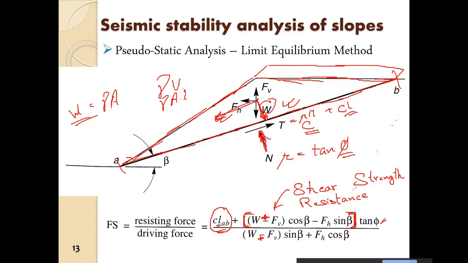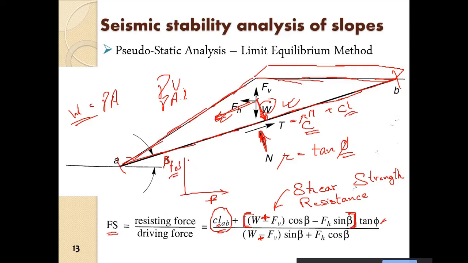So we have to find out in which case the factor of safety is the lowest. We have to change the angle of beta. With changing the angle of beta, if I plot this, this is beta and this is factor of safety.